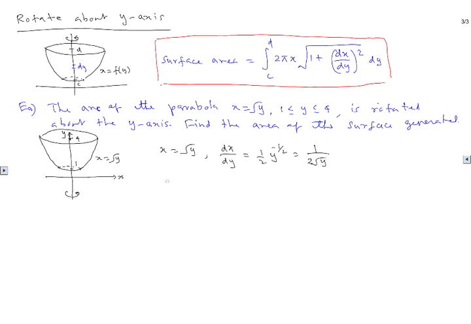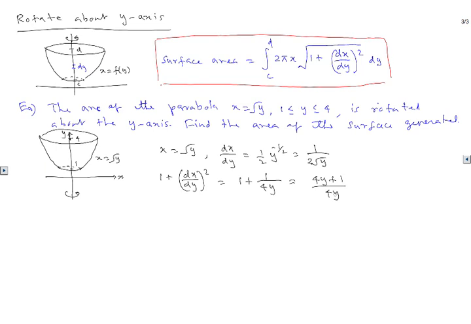And then what we normally do is 1 plus dx over dy, whole thing squared. So it is 1 plus, you square this, so it is 1 over 4y. What we normally do is simplify this, so take the common denominator. If you take the common denominator, this becomes 4y plus 1 over 4y.